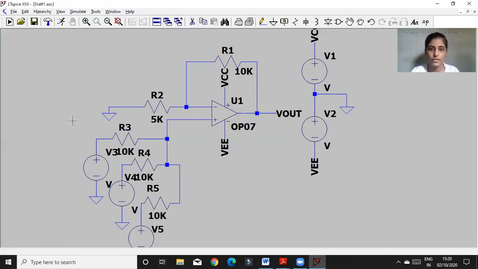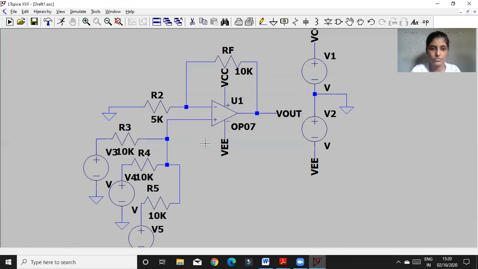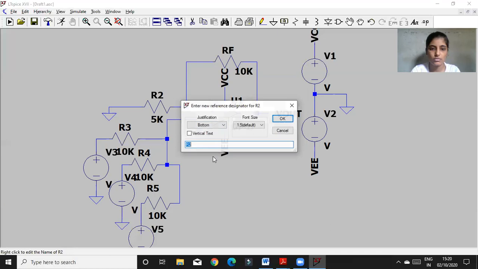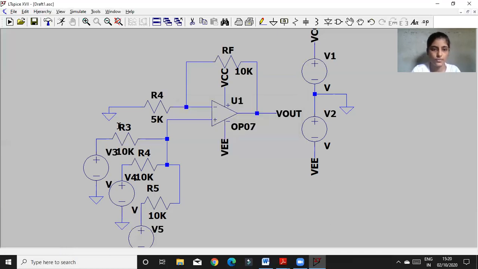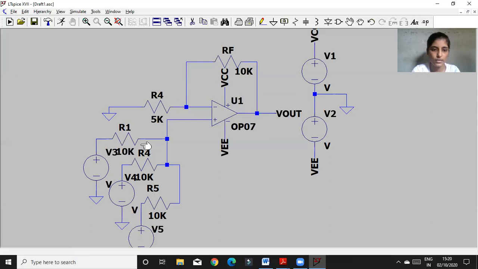So my negative feedback, I'm giving the label as RF. This is my R4, and these three resistors are my R1, R2, and R3.